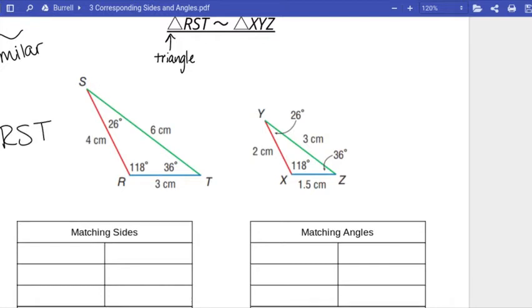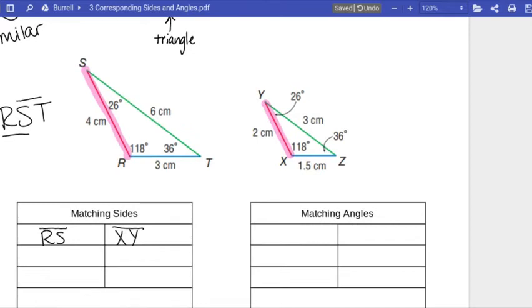I'm going to start with going from R to S. So from R to S, I would say that the line segment RS, that means I put RS and I put a line over it, is corresponding to or is matching, well, we have to go in the same order, so we have to go from X to Y. Make sure that you're following along in your notes as well. So line segment RS is corresponding to or similar to line segment XY.